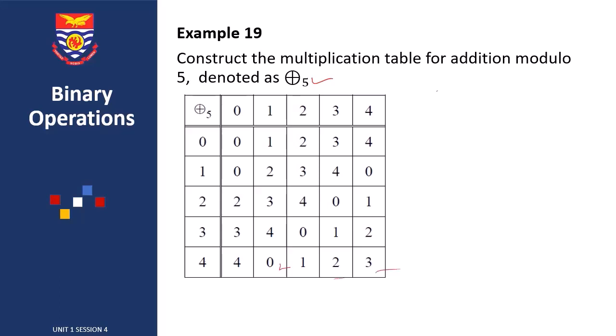Now let's use the table to answer a few questions. If I ask you to find 3 operation 4, you come to your 3 here, operation 4, you can see it is here, and the answer is 2. Likewise, I can ask you to find 2 operation, in brackets, 3 operation 4.